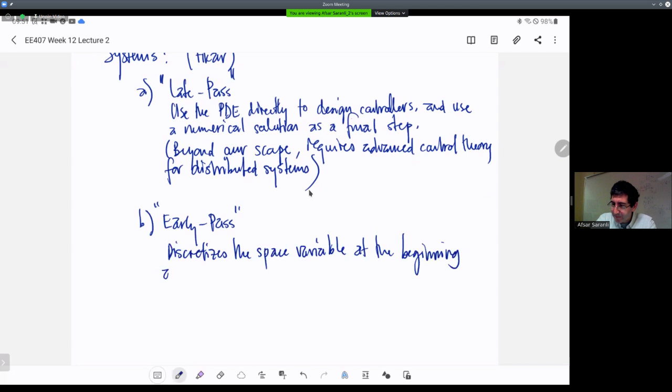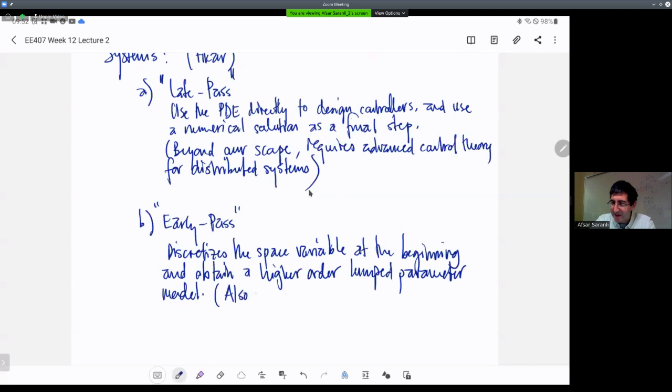Okay, and obtain, and we will discuss what it means to discretize the space variable, obtain a higher order lumped parameter model. Okay. Now this is also called, it has quite a popular name. This is called the finite element method.